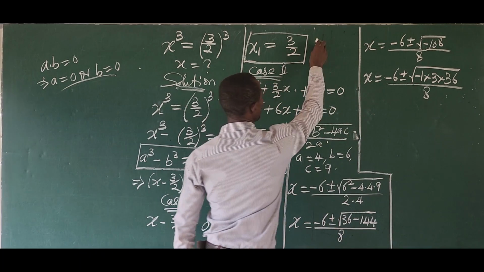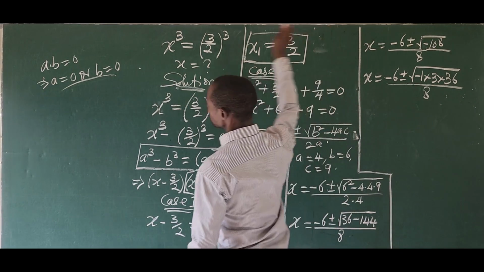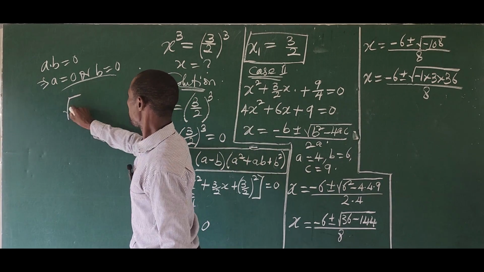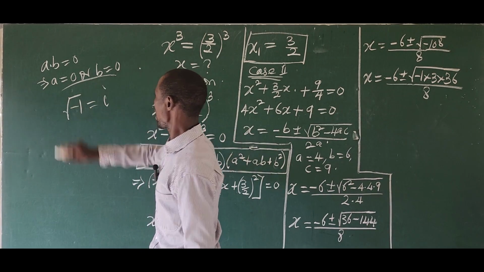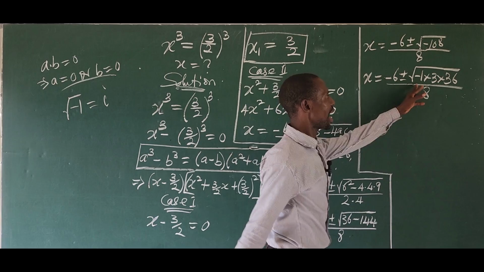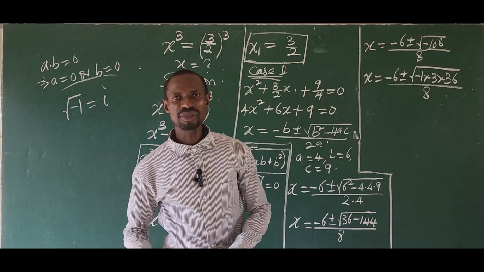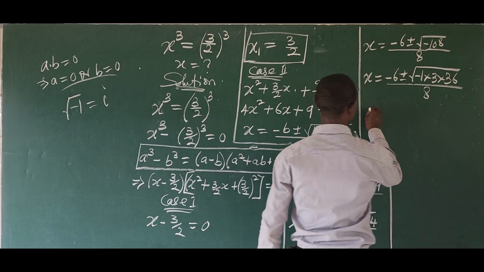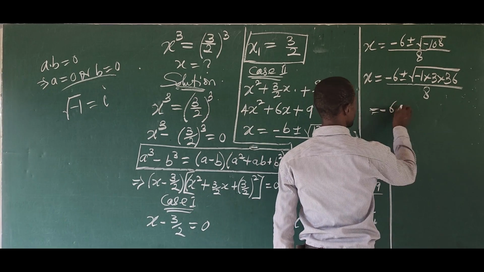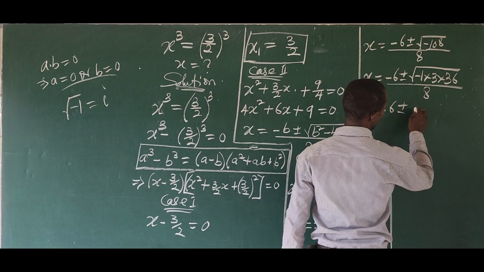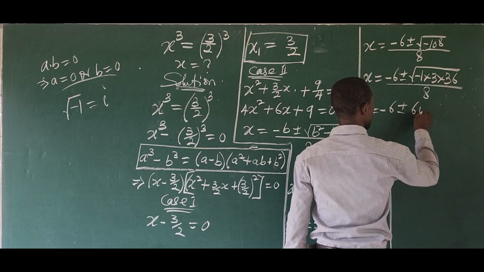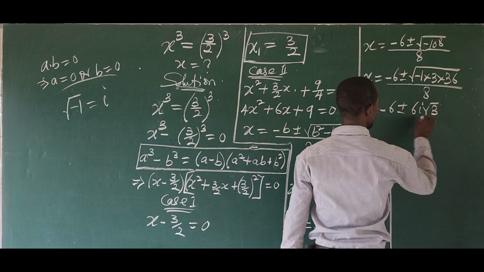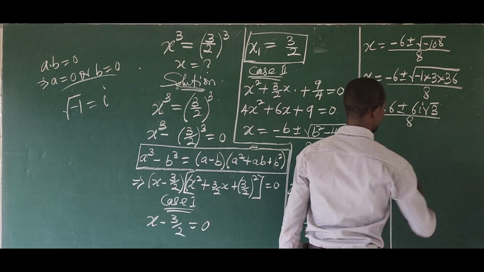Remember that the square root of minus 1 is equal to iota, and the square root of 36 is 6. So rewriting everything, this is going to give us minus 6 plus minus 6 iota root 3 all over our 8.